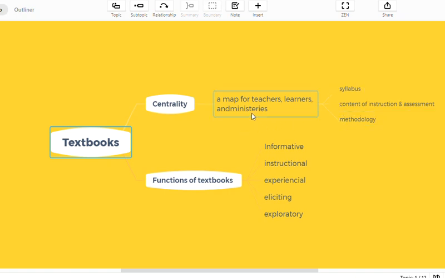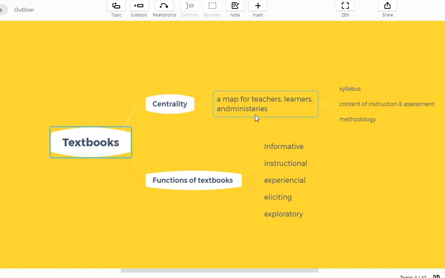Again, the materials used by the teachers are usually in the form of textbooks. Why do learners prefer to use textbooks? Because learners need to have a map, some particular passages, texts, exercises, and practices.